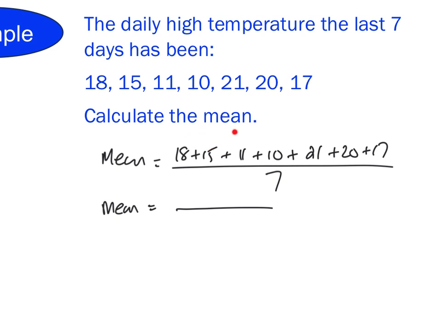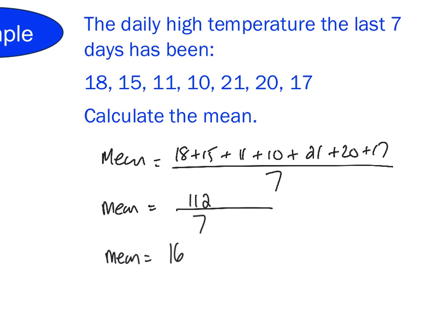That's 33, 44, 54, 75, 95, 112. Make sure to write this down, please. 112 divided by 7, and it is 16.